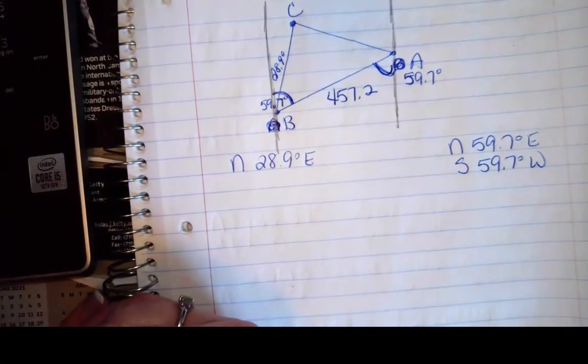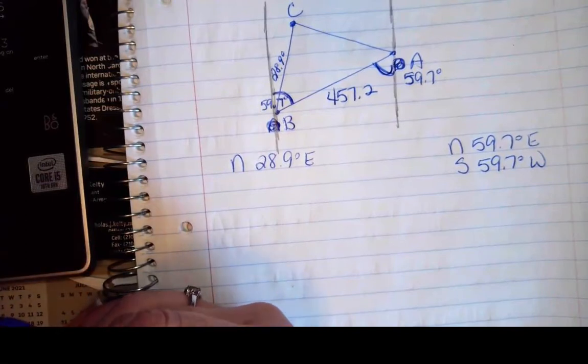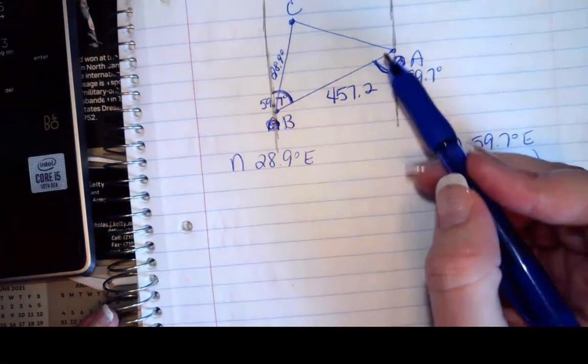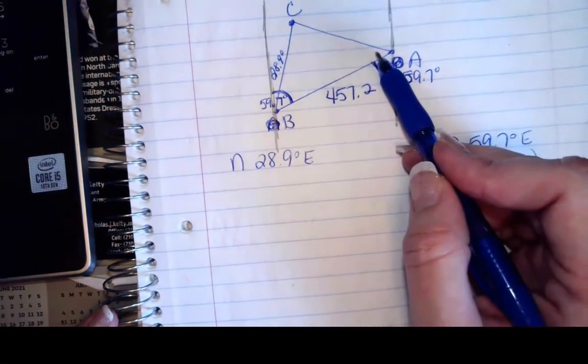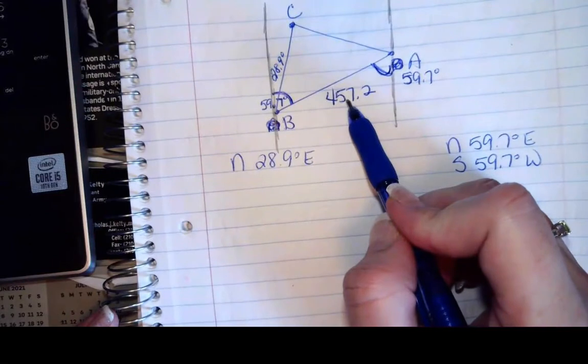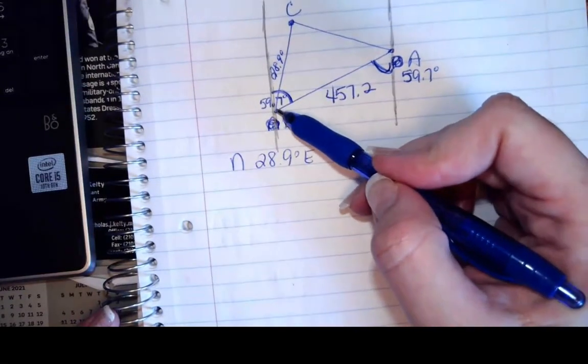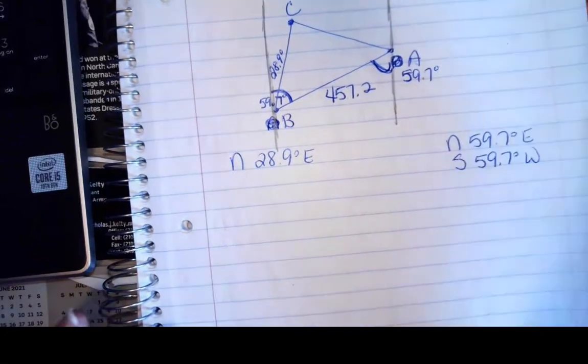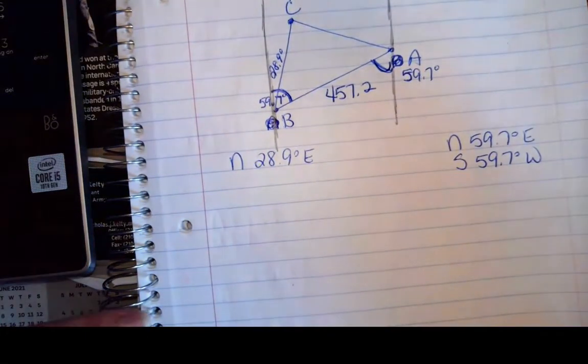Well, now we've got to figure out what's going on here. What do I want to know? How many more frequent flyer miles will Adam receive if he takes the connecting flight rather than the direct flight? I know this direct flight is just 457.2 miles. So I need to find out how far it is from here to here, and then from here to here. I've got to find out some angles first.